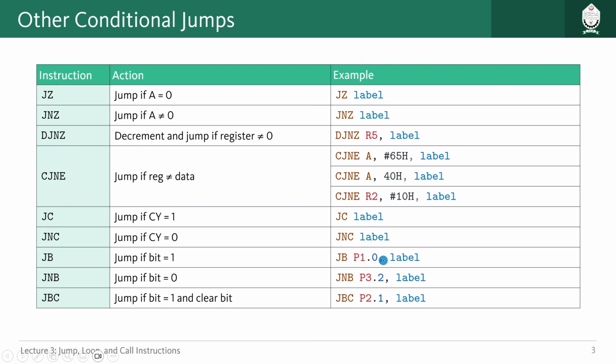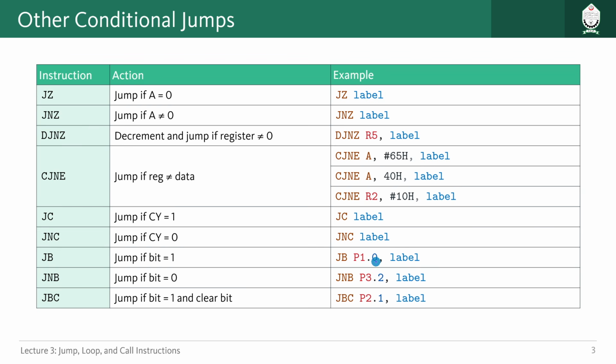For our 8051 we have 4 ports, and each port has 8 pins, or 8 bits. I think in your lab experiments you have seen the details of the ports. For example, for port 1, this is pin 0, and in this way we can write up to P1.7.